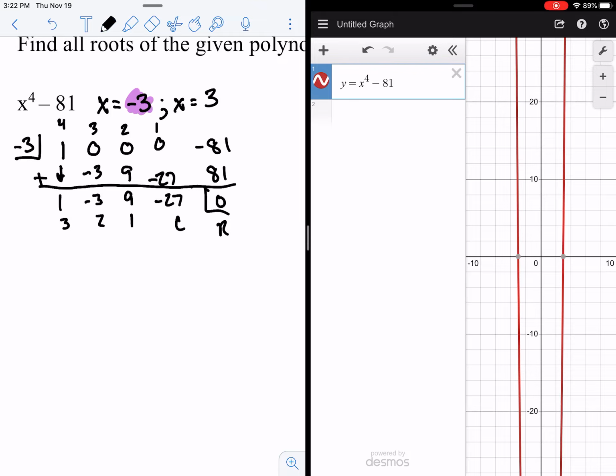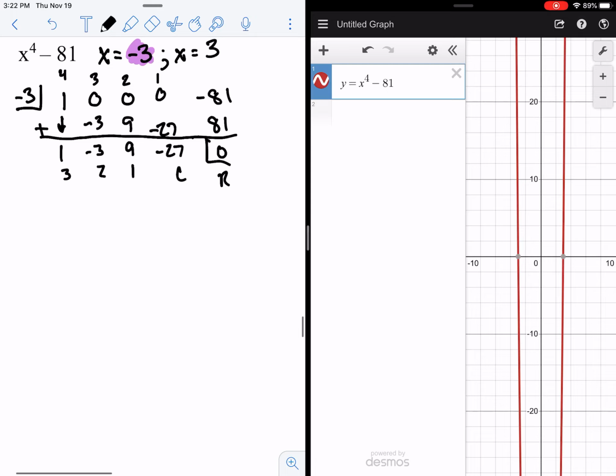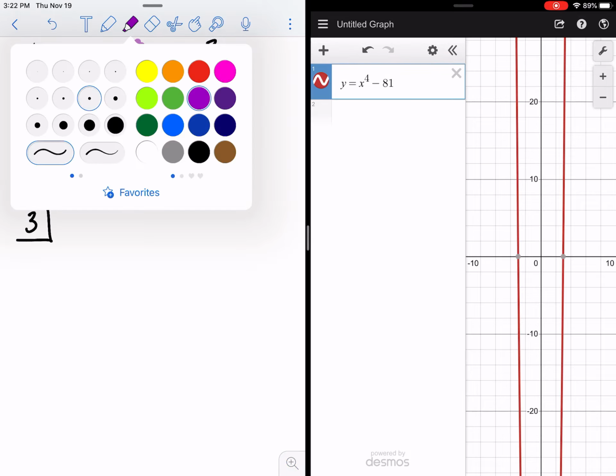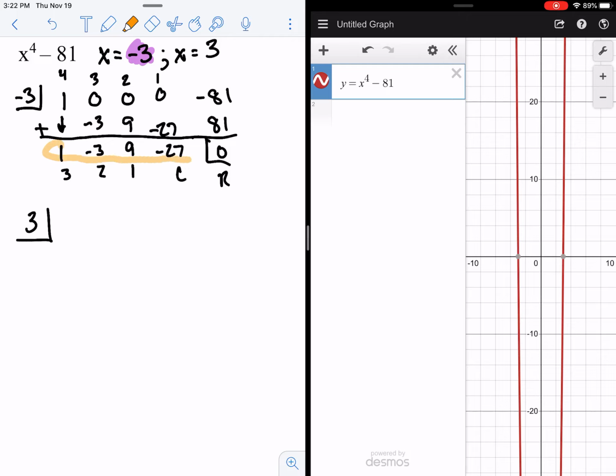I'm going to do synthetic division again, this time using my 3, knowing that these are the coefficients. When I say these, I mean these things right here. So 1, -3, 9, -27.